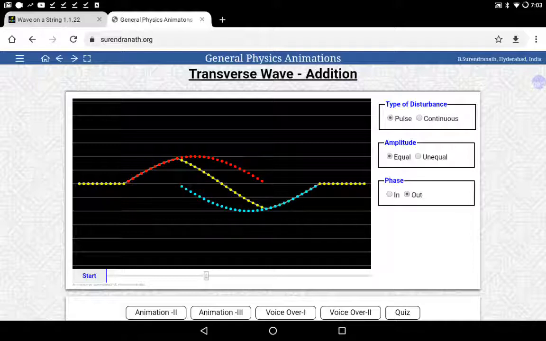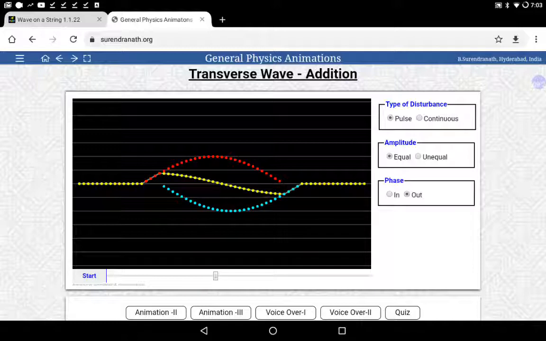Until you get to this point where they're completely overlapped, and what do you get? Complete destructive interference. So if you took a snapshot of these two waves interfering at that time, it would look like the medium was completely flat because the pulses have canceled each other out. So it almost looks like there's no wave. But the energy from each wave is still there.